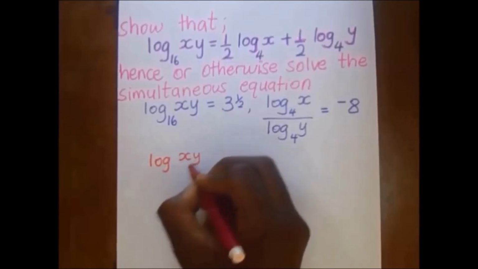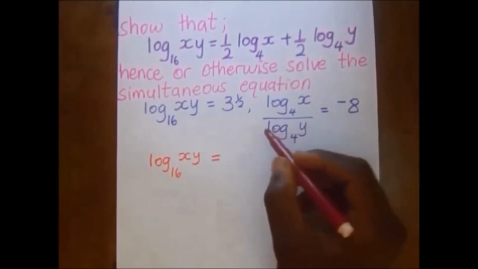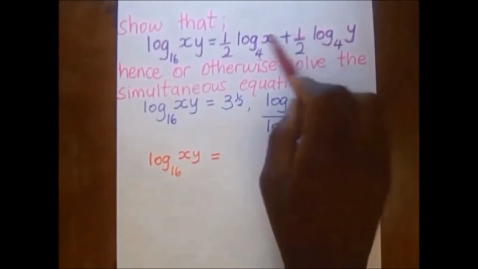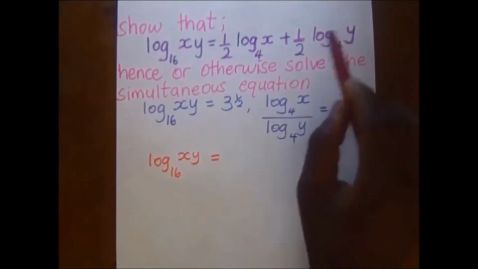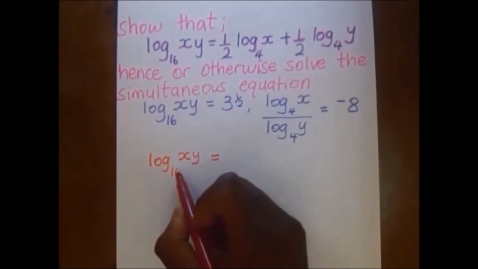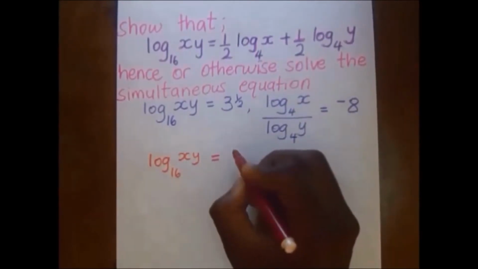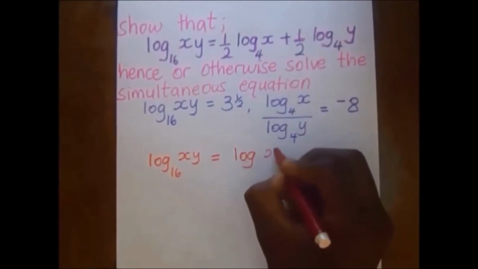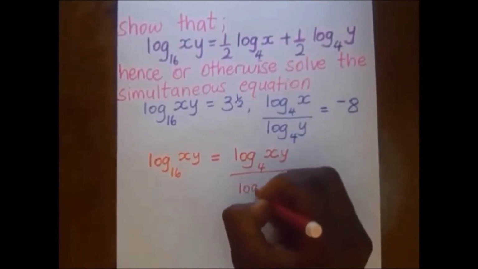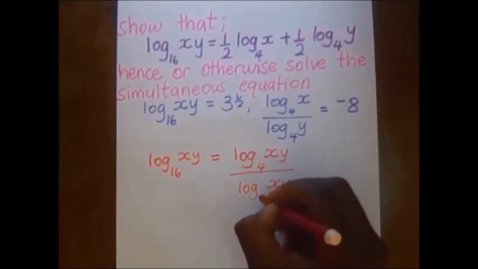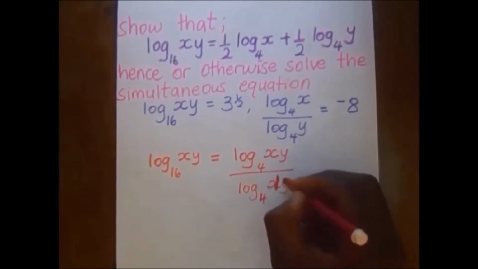Log xy base 16 is going to be, where we are headed, everything is to the base 4. So meaning that we are going to convert this logarithm from base 16 to base 4. So that is going to be equal to log xy base 4, divided by log 16 base 4.